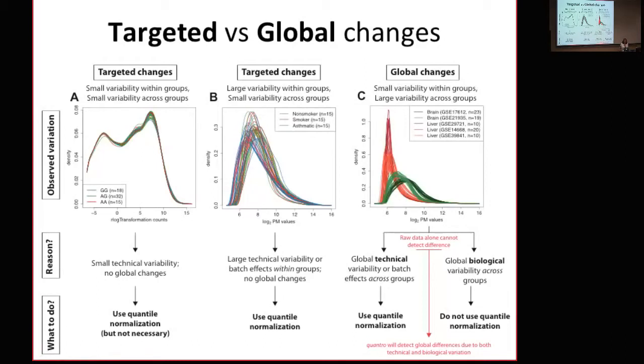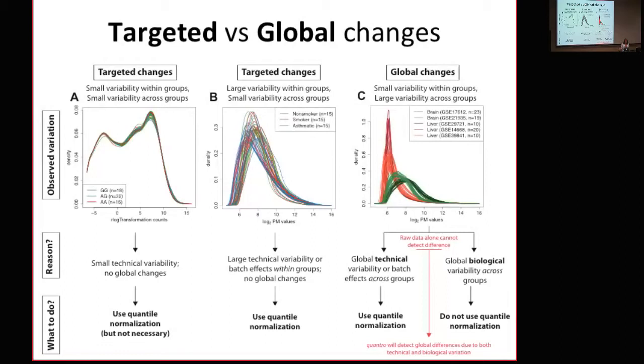The first group of samples all have the GG base at that particular location. The second set of samples have the AG base, and then the third set of samples have AA. And essentially what you see is that the variability across and between these groups is really, really small. They're very clean. There's not a lot of technical variation, and there are no global changes between the groups.